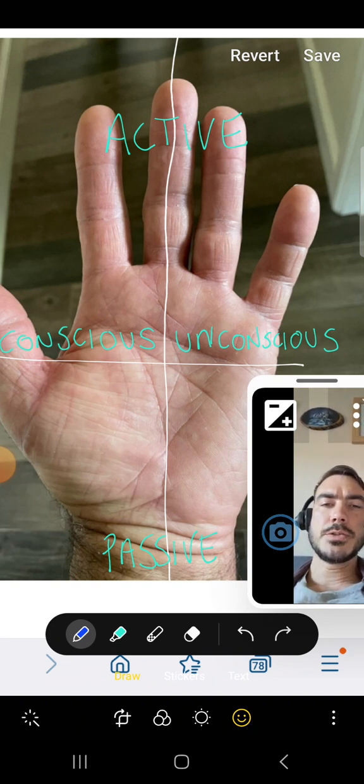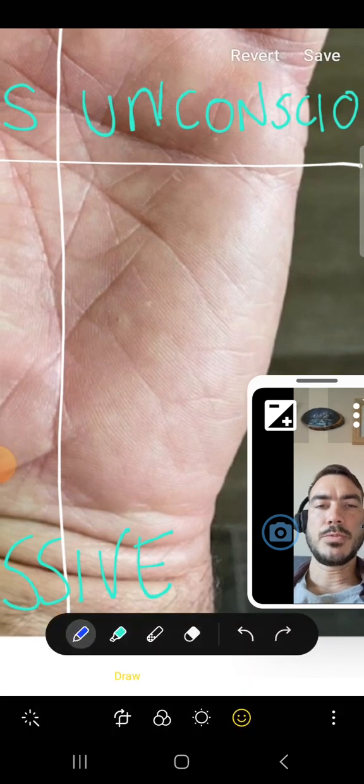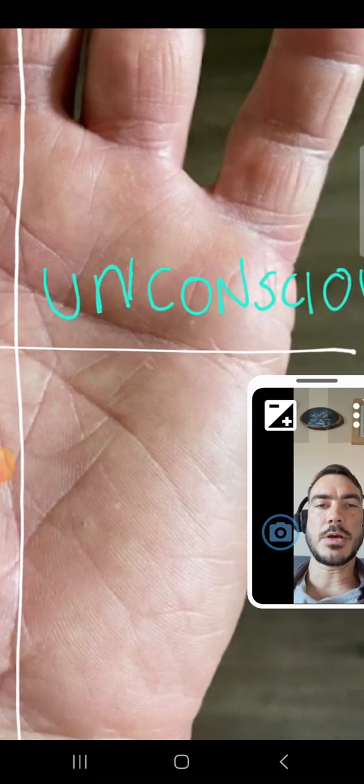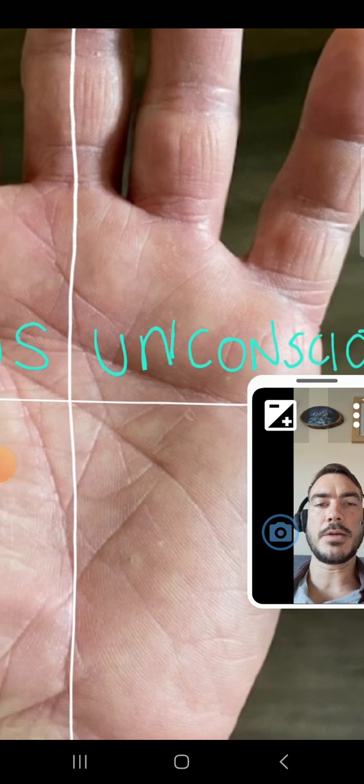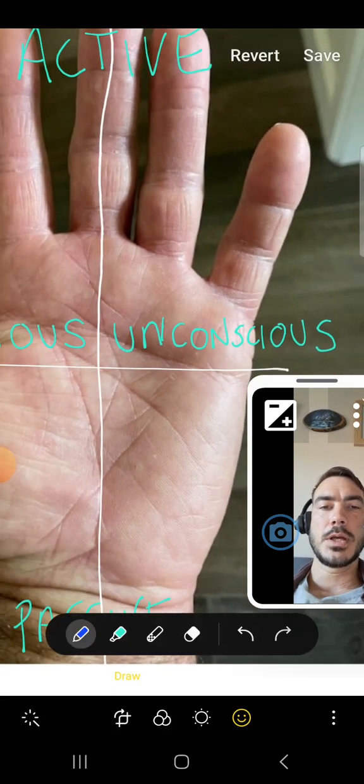And then we've got the left and the right side of the palm, which is the conscious and unconscious, so the radial and the ulnar. And that's because you've got Neptune, lunar, central plane of Mars, upper Mars, Mercury, Apollo, half of Saturn, and again part of the central plane of Mars.